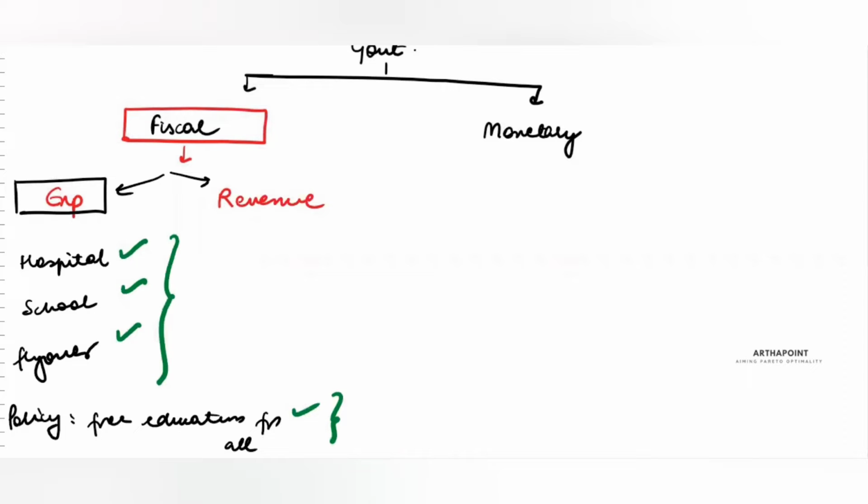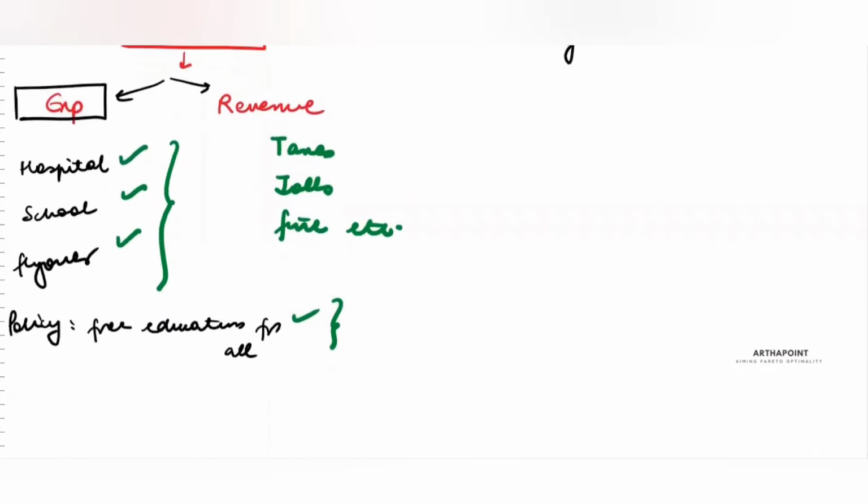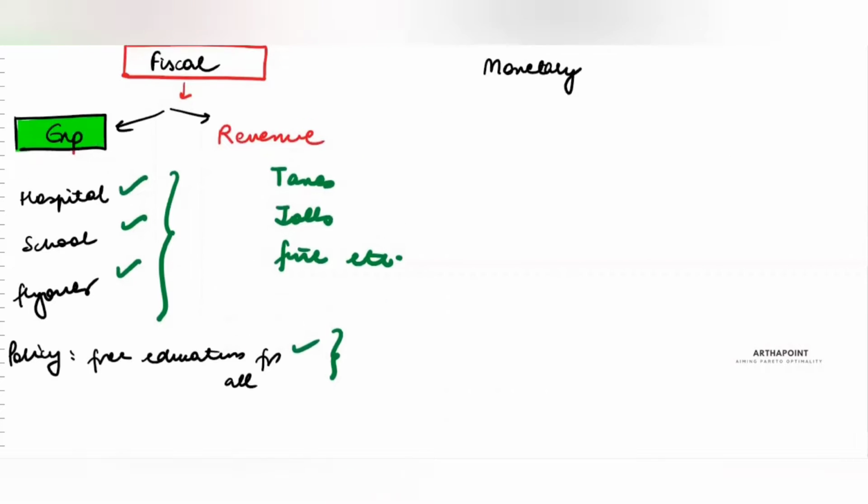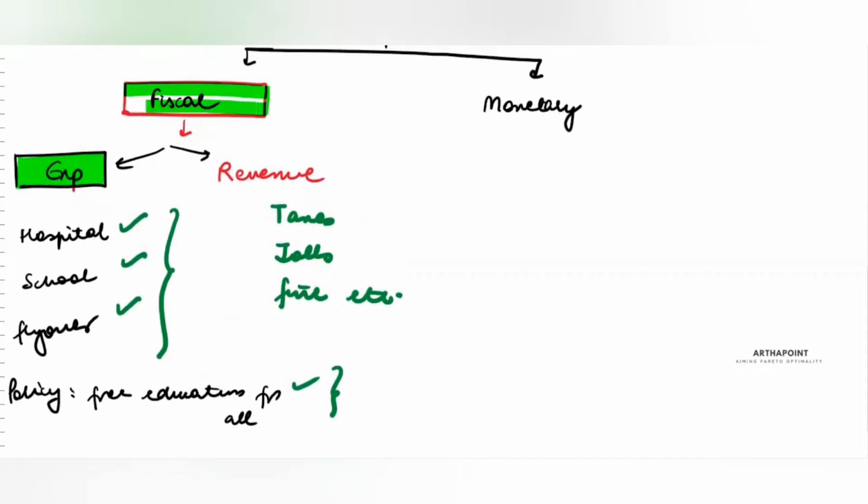How will this money come? This money can come from collection of taxes, tolls, fines, etc. Whenever the government incurs any kind of expenditure, it is part of the fiscal policy. Whenever the government collects revenue, that is also part of the fiscal policy.